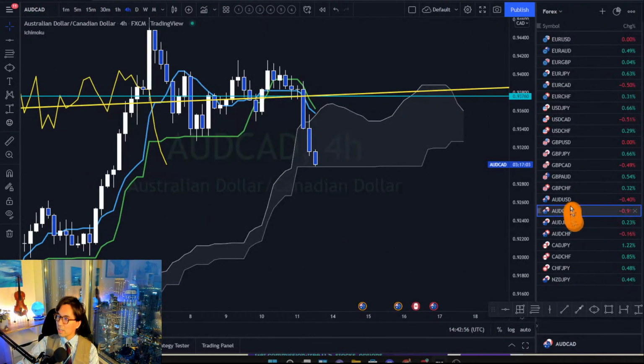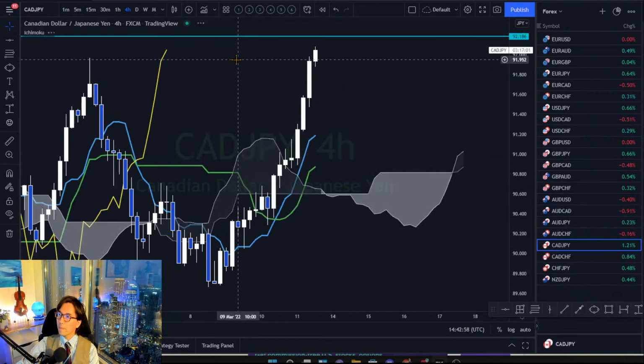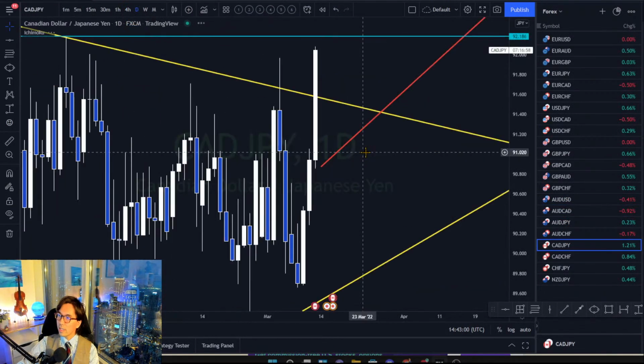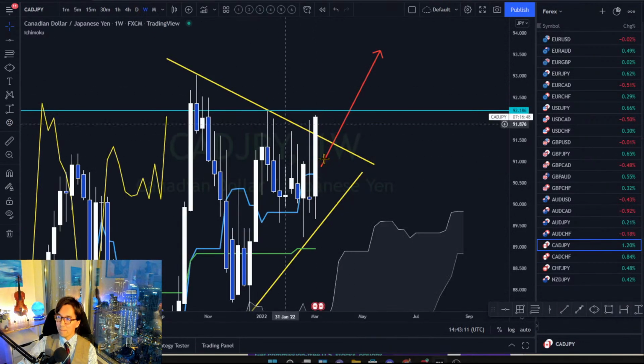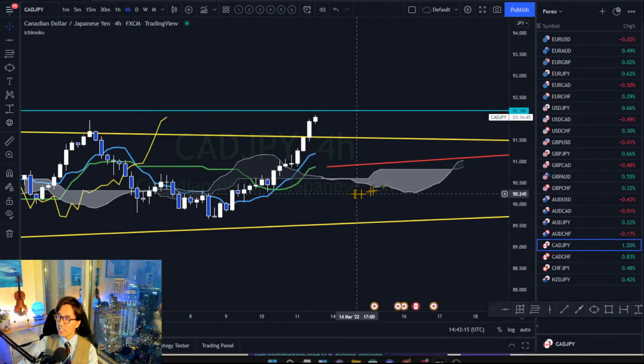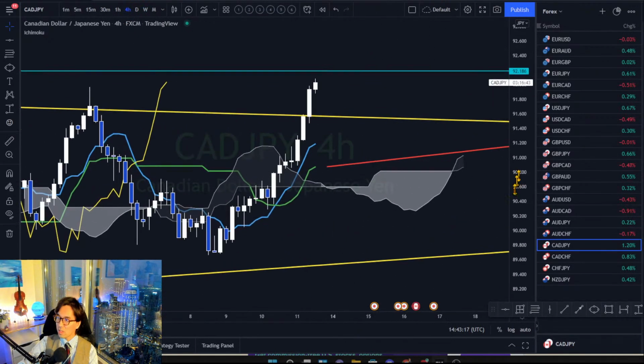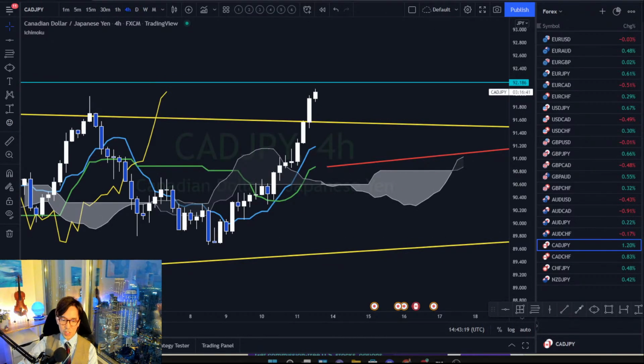So I look at CAD-JPY. I found the daily chart is bullish and it's reaching towards the resistance I found. And also on the weekly, it's about to break the P wave, bullish. And also in the forward chart, it's bullish also, but the Kumo is a bit too small. So when you see this young, small Kumo, then it may retrace.